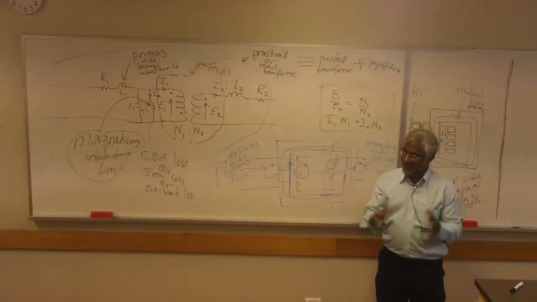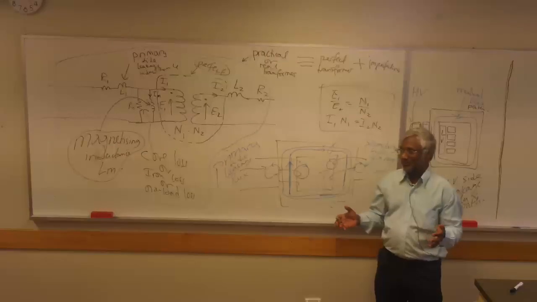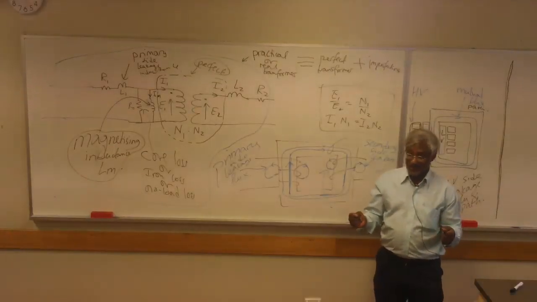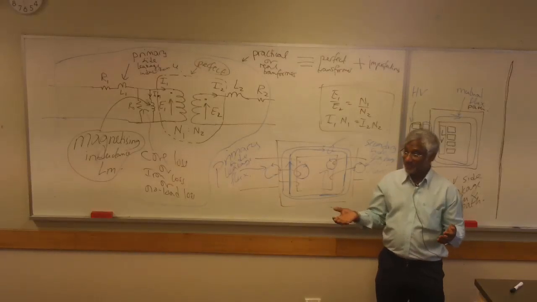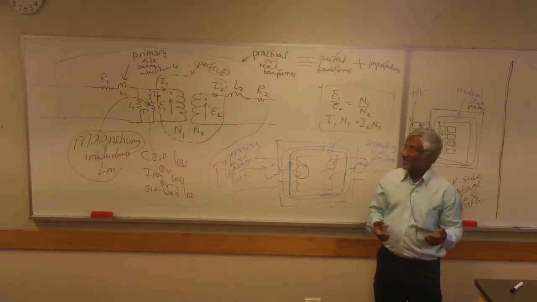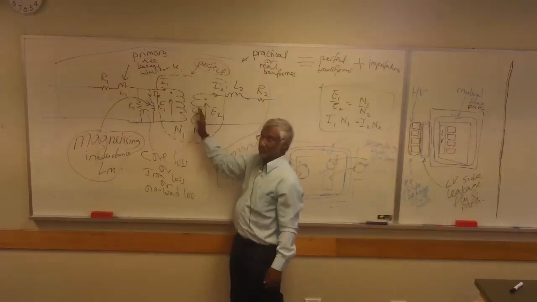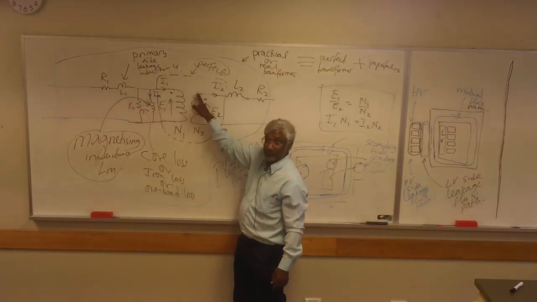So the transformer is big pieces of metal separated by insulation. And when you have big pieces of metal separated by insulation, you have capacitance. So the transformer would have interwinding capacitance, normally represented by a capacitance from there to there.